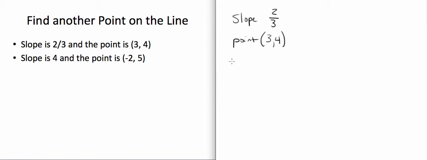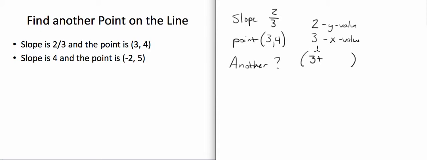So what we're going to do here is, if I know that my 2 is my rise or my y value, and 3 is my x value, all we do is take my original point, 3, and add my x value, so it's going to be 3 plus 3, and then my y value is 4, and we're going to add 2, because that's my y value that goes with it.